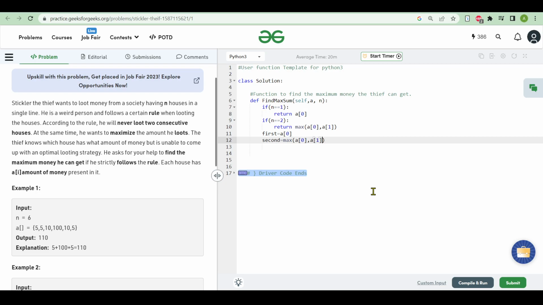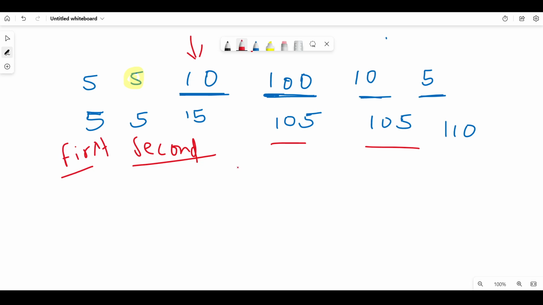Now you can ask me here why the second house has this much money, and why the value of looted money from two houses is the maximum of A0 and A1. Because here I have taken the case in which the value of money from two houses is the same. Let me take another case. Let us take three houses, 10, 20, 30, and I want to calculate the robbed money till each house.